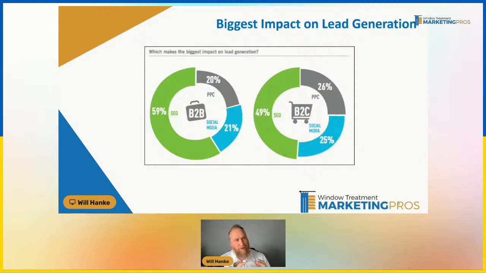So a great foundation, a good website, good search engine optimization, ongoing content, all of the pieces to have that in place is by far the biggest impact, obviously, that you can have on your business. And then the next two are pay-per-click and social media. Having those in place are just going to bolster your SEO and bolster the impact on your business, and obviously on the amount of leads that you get.